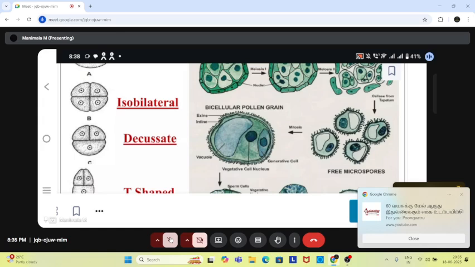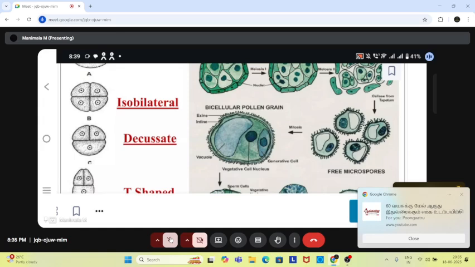Also we can go like this. In microsporogenesis, the microsporogenous cells divide first mitotically to produce microspore mother cells. Then the microspore mother cell undergoes meiosis to produce a tetrad of four haploid microspores. Make a note, this is the easy way.